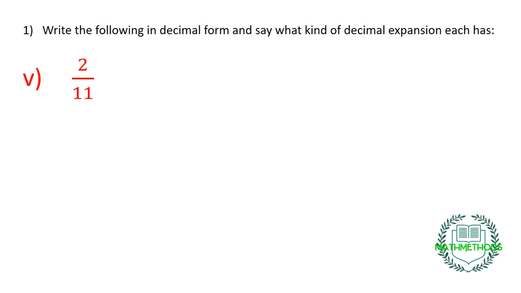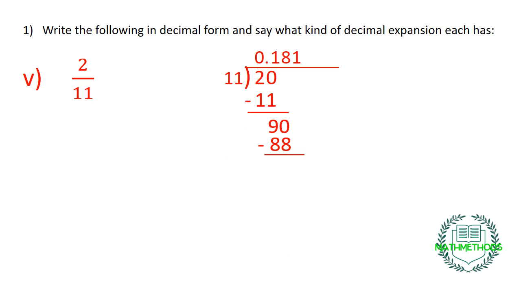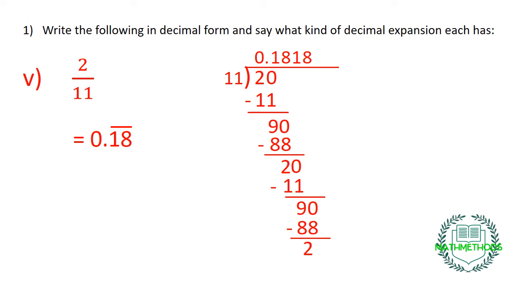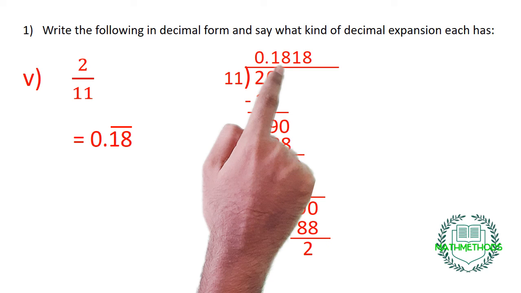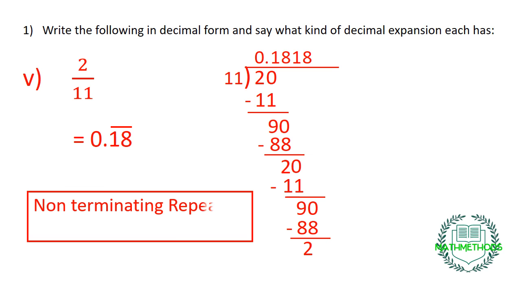Example 5. 2 upon 11. 2 divided by 11. Here we have performed the long division and the quotient is 0.1818. The digits 1 and 8 are repeating in the quotient. Thus 2 upon 11 has a non-terminating recurring decimal expansion.